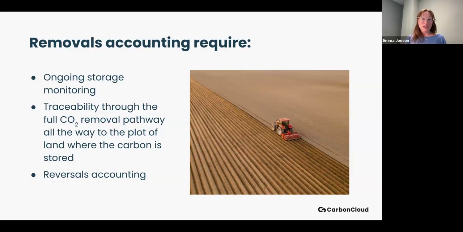And if you want to claim removals, then you need to have quite substantial evidence to prove it. So what you need, according to the Greenhouse Gas Protocol, is that you need to have ongoing storage monitoring. So that often means physical measurements of the exact piece of land where the crops were produced.